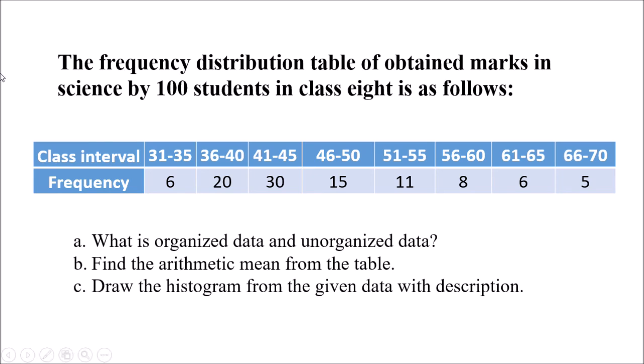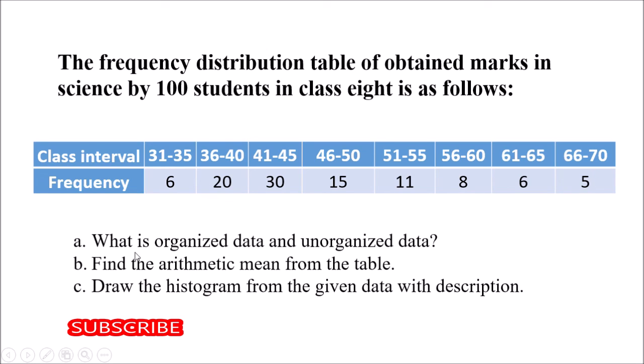Here the class interval and frequency are given. 31 to 35, 36 students; 36 to 40, 20 students; 41 to 45, 30 students; 46 to 50, 15 students; 51 to 55, 11 students; 56 to 60, 8 students; 61 to 65, 6 students; 66 to 70, that is how many students? 5 students.